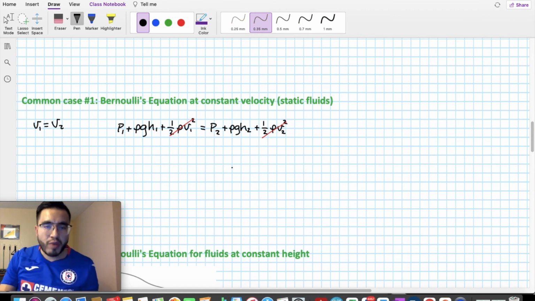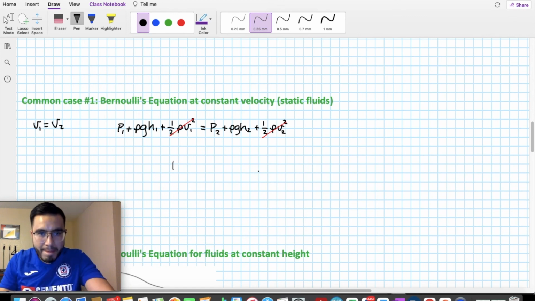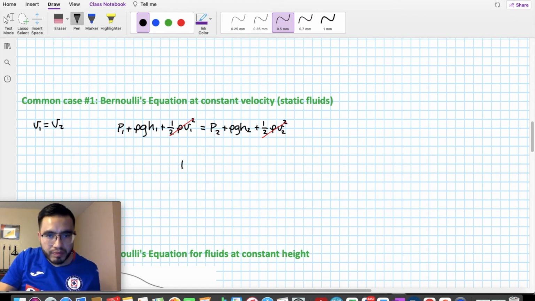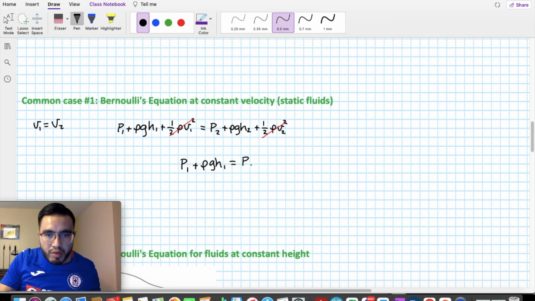So Bernoulli's equation at constant velocity, or when you have static fluids, is simply pressure 1 plus rho g h1, because you have different height, equals pressure 2 plus rho g h2.